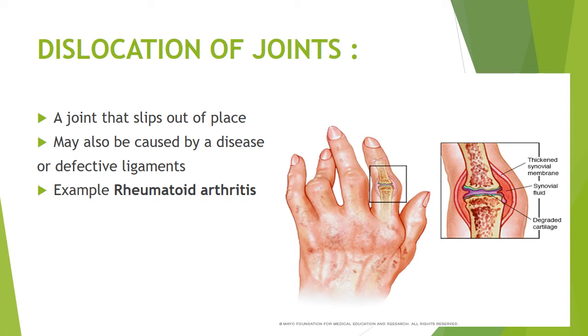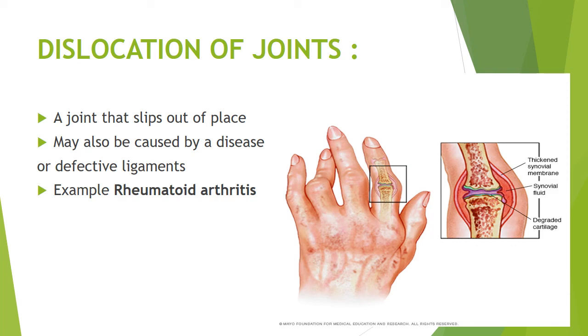In some cases, dislocations are also caused by disease, such as an arthritis called rheumatoid arthritis. Basically, it is an autoimmune disorder in which your immune system mistakenly attacks your own body tissues, and it affects the lining of your joints, causing a painful swelling that can eventually result in bone erosion and bone deformity.